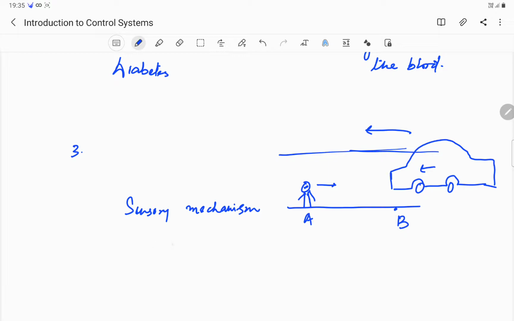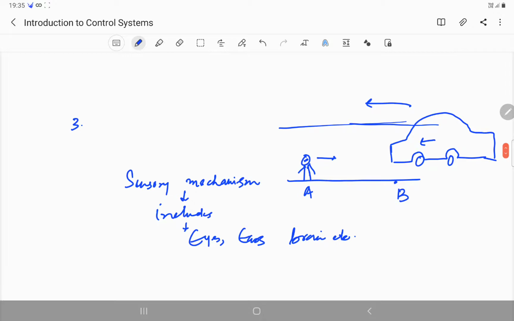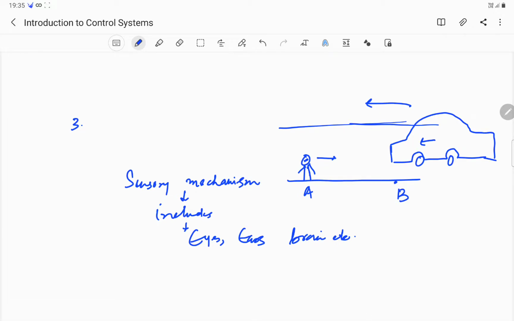This sensory mechanism includes your eyes, ears, brain, etc. So the eyes look at the vehicle, the ears also try to hear the sound produced by the vehicle, and it is finally the brain that takes the call whether you can cross the road or not. So this is all in all a control system which intuitively works and lets you know whether you can cross the road without being hit by the vehicle.